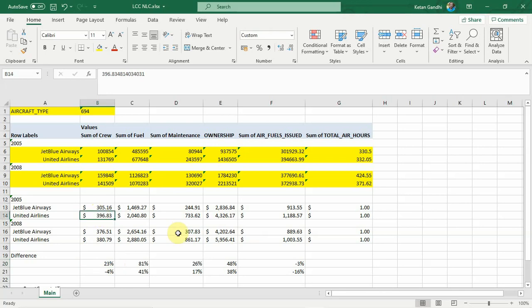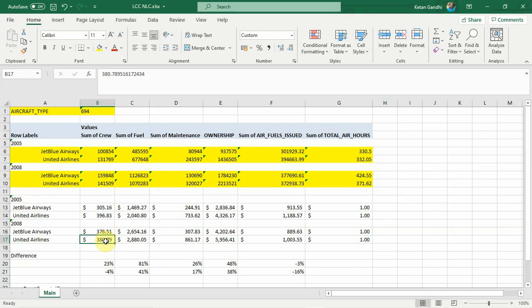Now we look at the difference for United Airlines, which was 396 in 2005, and in 2008 is 3,817. So the difference is -4. -4 means the cost has been reduced from 2005 to 2008.